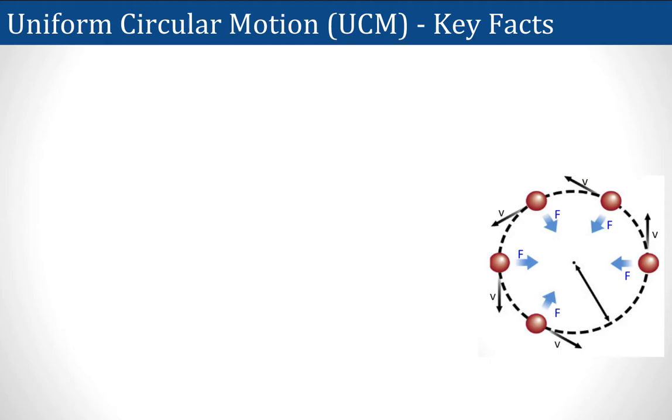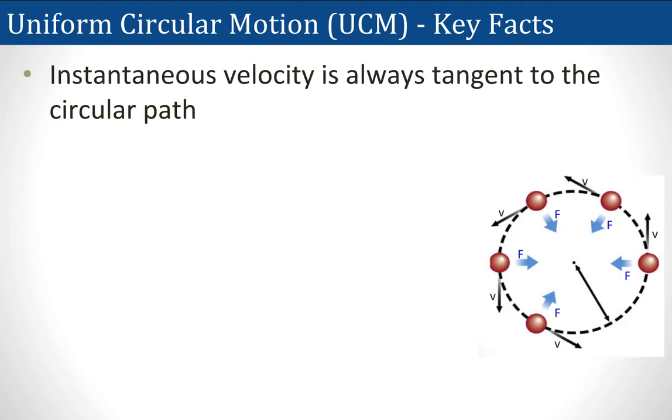Some key facts. If you're taking notes, you might want to jot these down. What we'll call the instantaneous velocity, the velocity at a particular moment, is going to have a consistent value, but the direction is going to keep on changing.